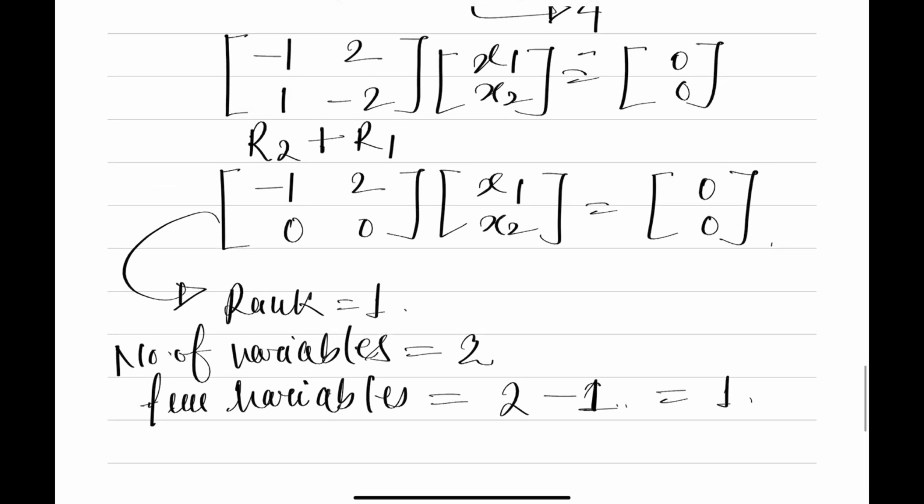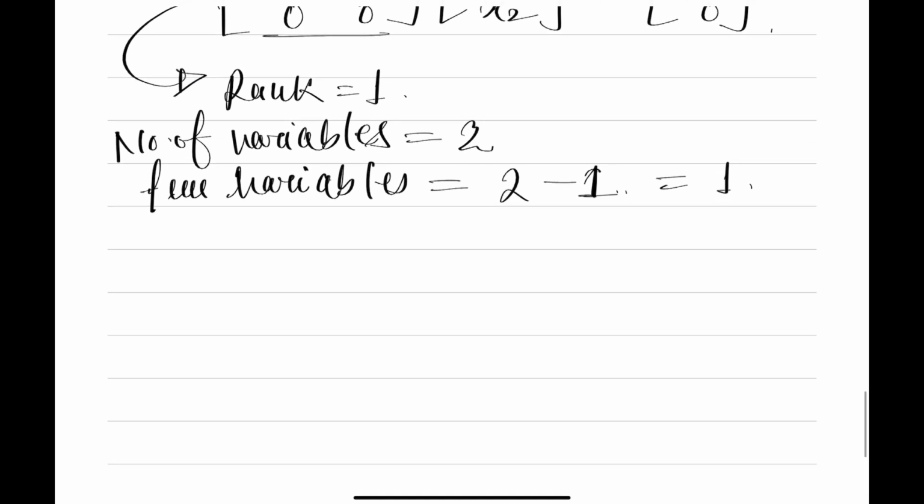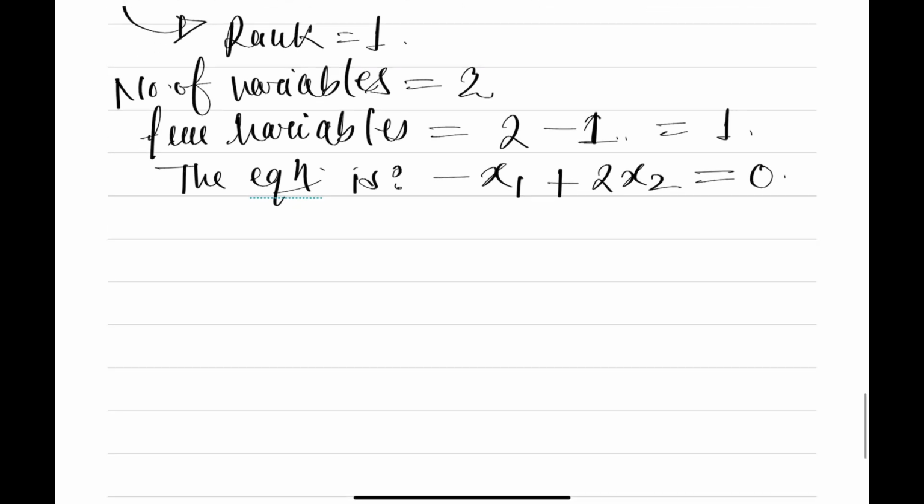Now our equation will become, since this part is 0, we have only one equation, which is minus x1 plus 2x2 is equal to 0.